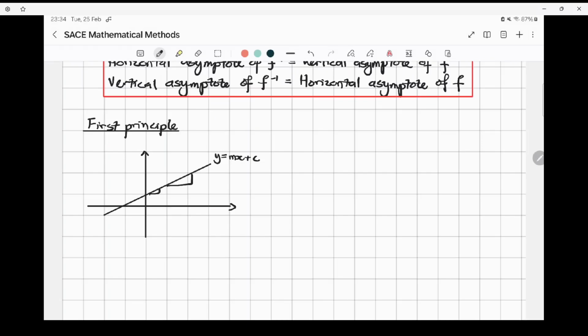It doesn't matter where you measure the gradient, it always gives you m.